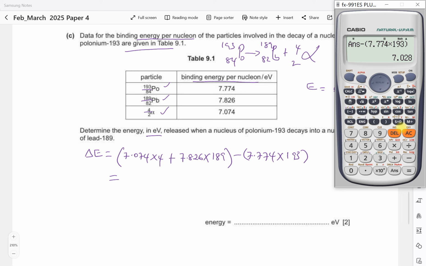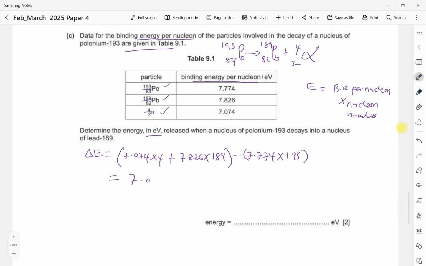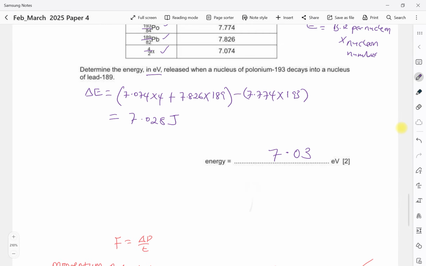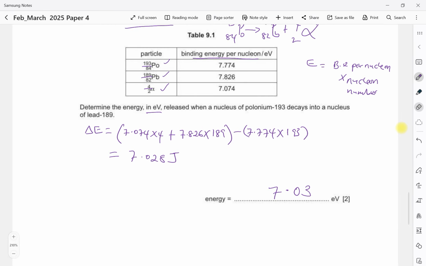That is 7.028. So the energy released is approximately 7.03. Sorry, this was electron volts, not joules.